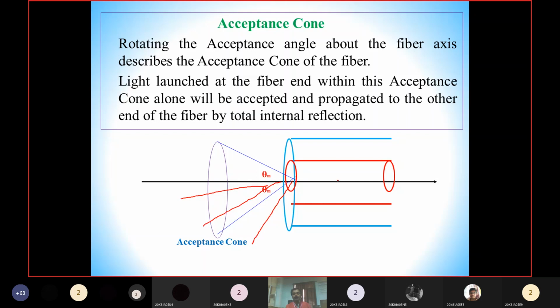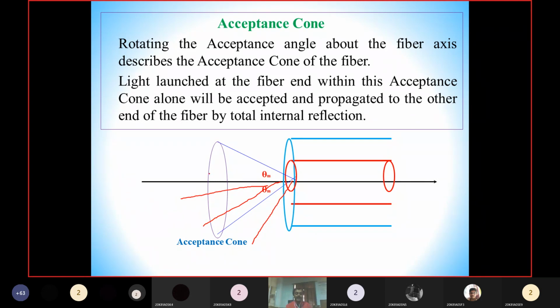Only then is light transmitted from one end of the optical fiber to the other. If the incident angle is greater than theta m, the light does not propagate.